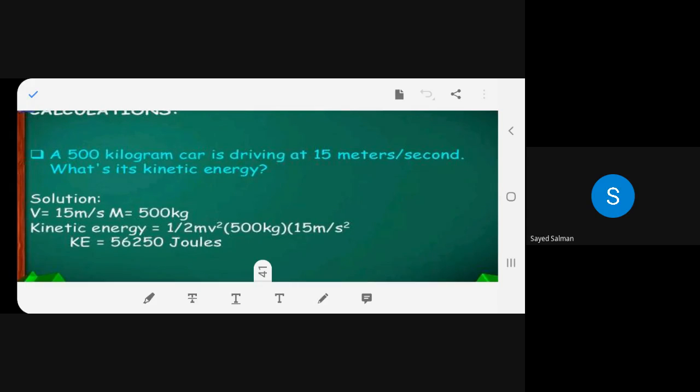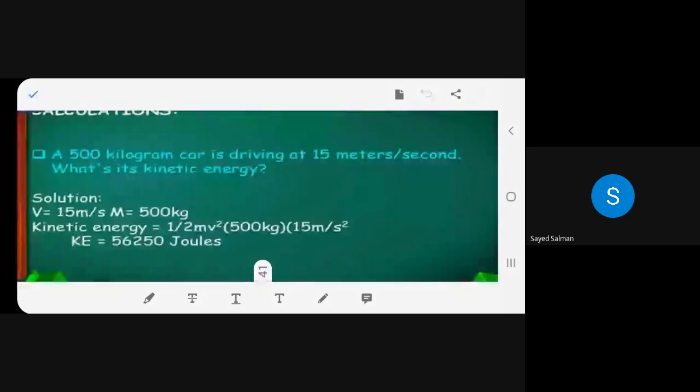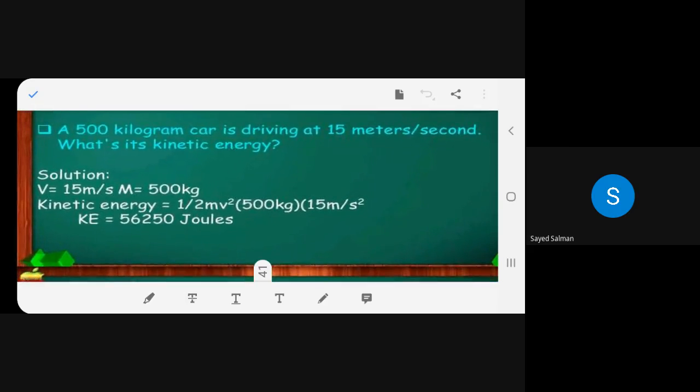Please begin, Better. A 500 kilogram car is driving at 15 meters per second. What is its kinetic energy?